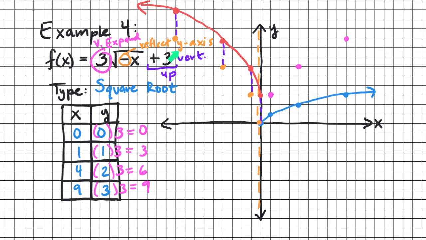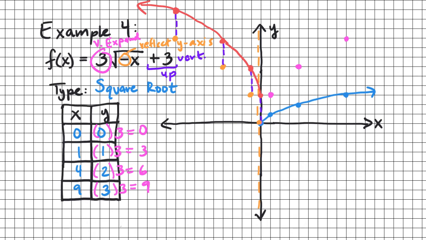Then I reflected over the y-axis. That means all the pink points that were on the right were now relocated to the left, like a mirror image. And then all these reflected points, the orange points, were moved 3 units up, giving me my final transformation, which is the red graph.